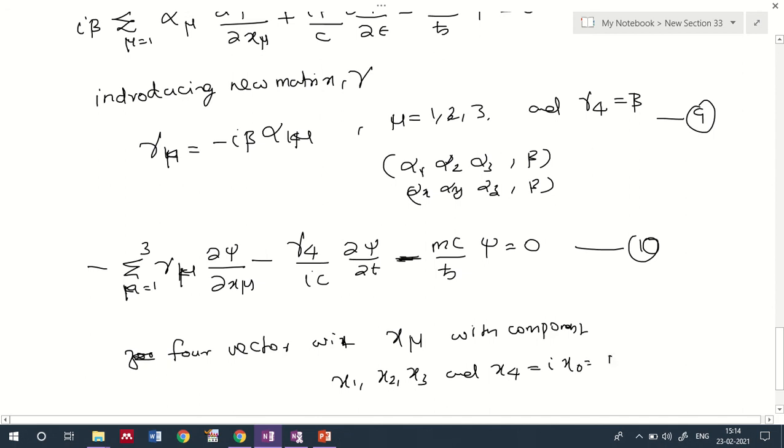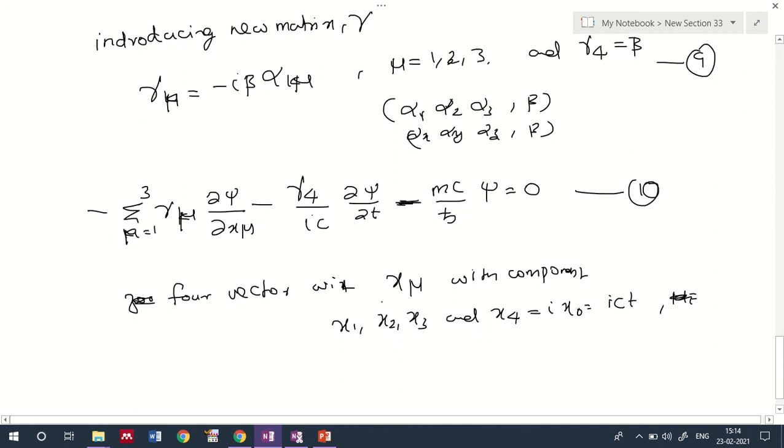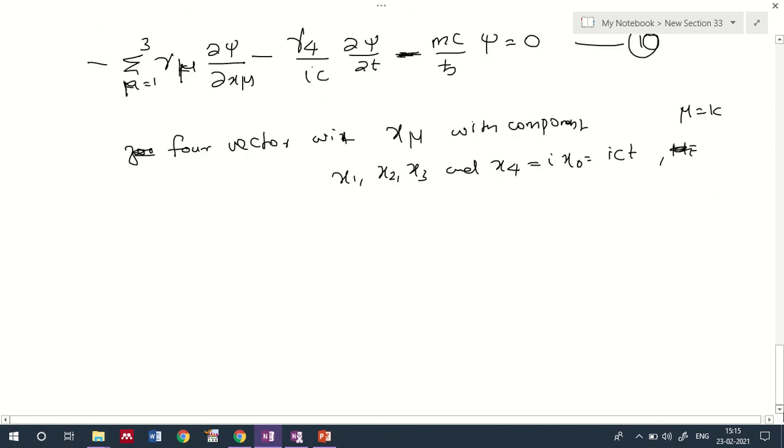Normally we will represent it as ict. So here mu, okay. Sometimes you will see instead of mu also k, like xk, x mu, gamma mu, like that. So anyway, here we got the equation. If you put that equation into the above one, we'll have the 10th equation.